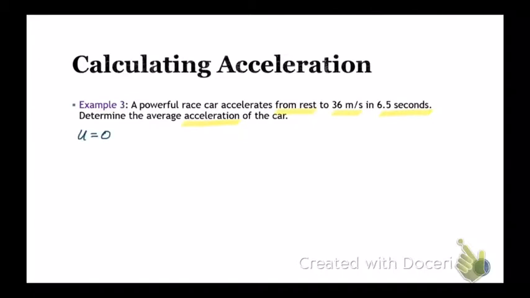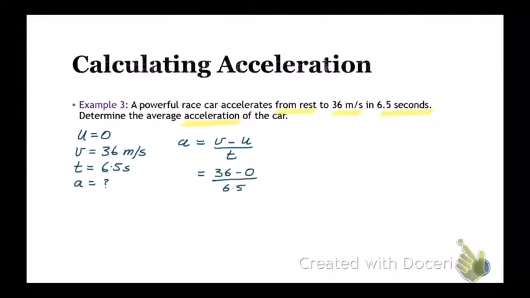Now, from rest means that it's stationary or not moving to begin with, so the initial velocity u equals 0. List the other data and write down the formula, substitute the values, and bracket the top line if you feel that helps, and the answer is 5.5 meters per second squared.